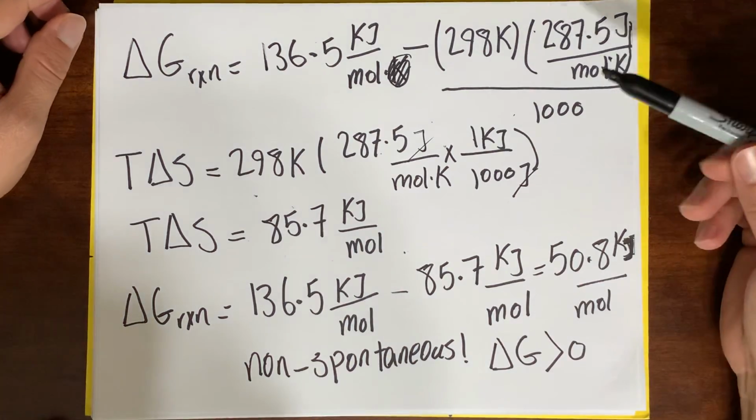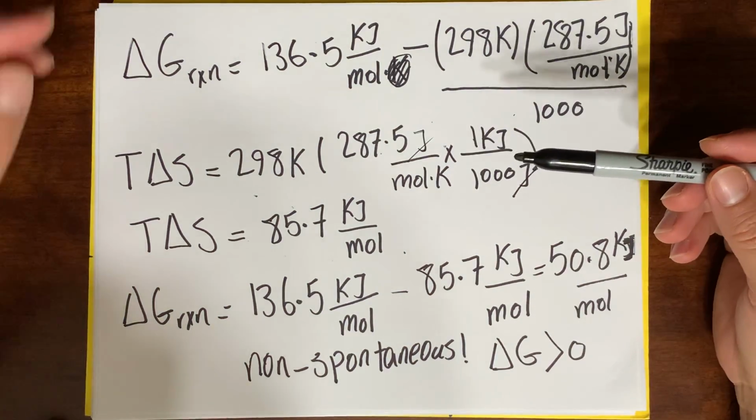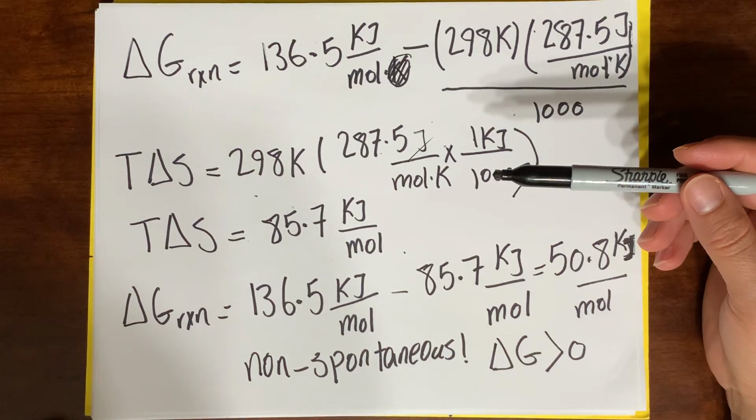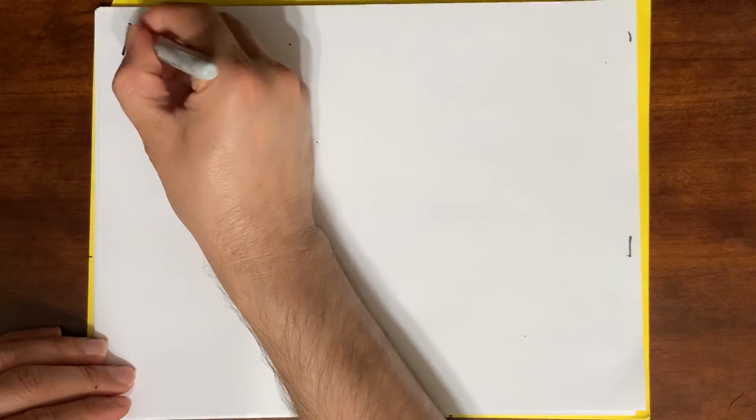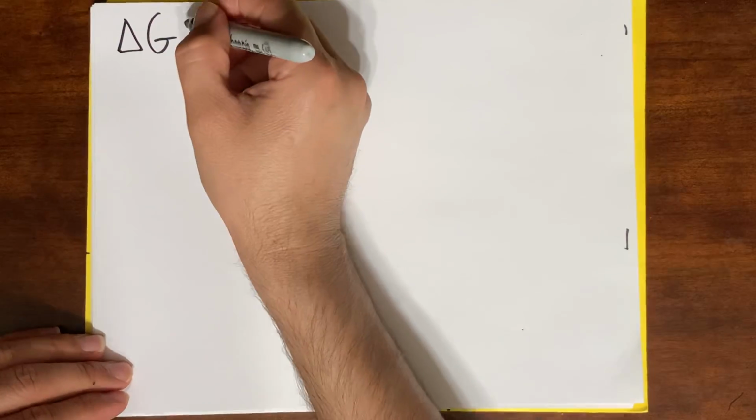Okay. So I showed you how to use delta G equal to delta H minus T delta S. And now we can use any of these formulas.